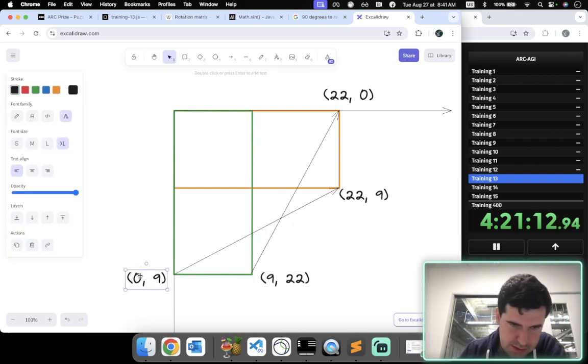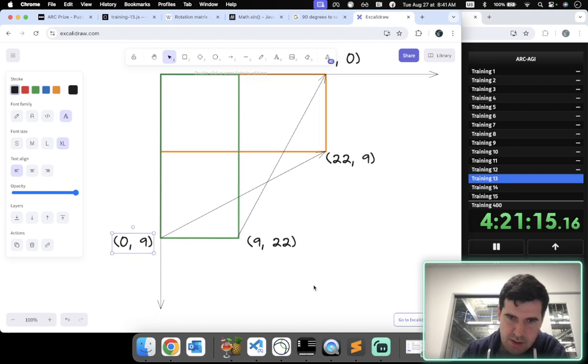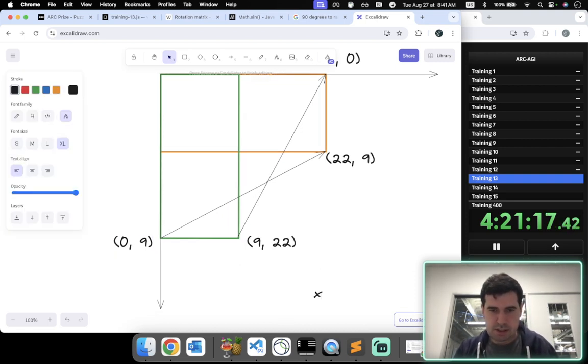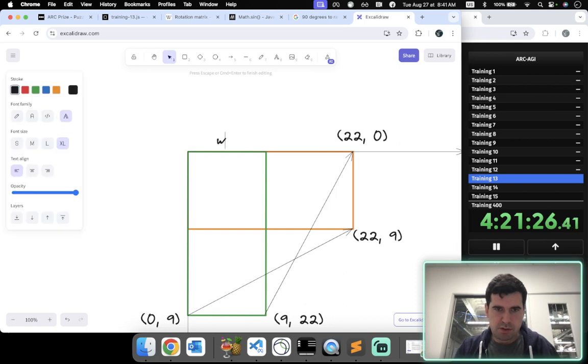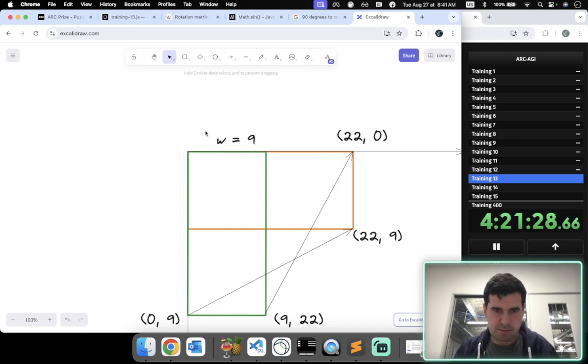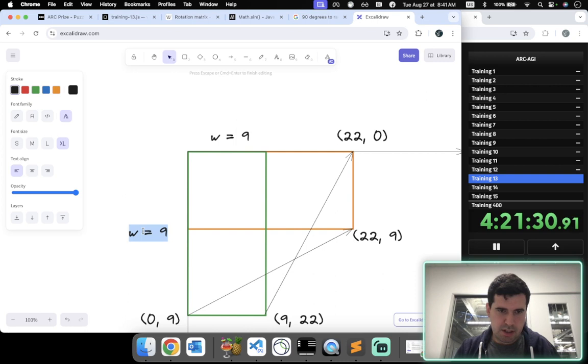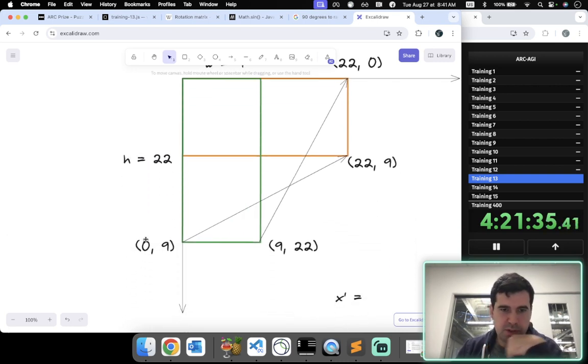So for the x prime equals, we said the original width equals 9, and the height equals 22. So what we're saying is 0 goes to 22.